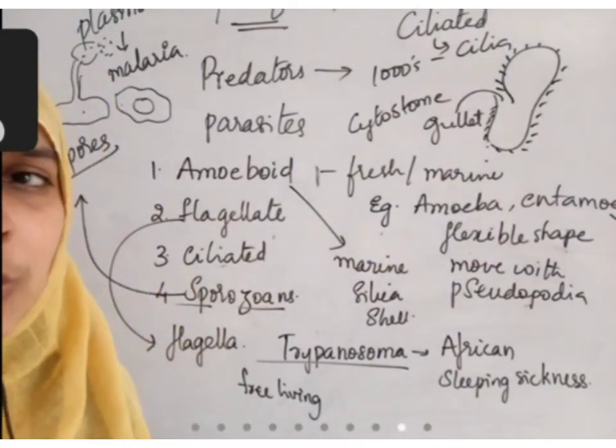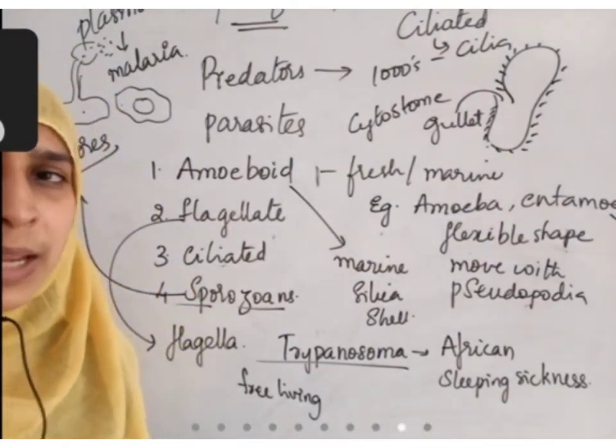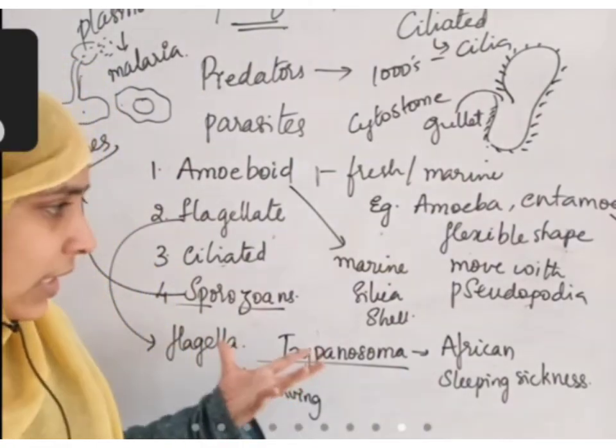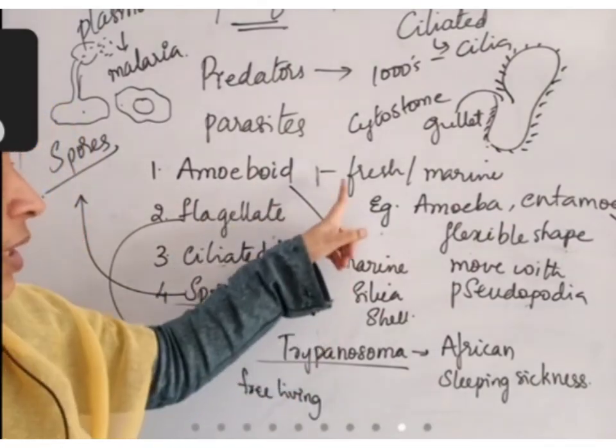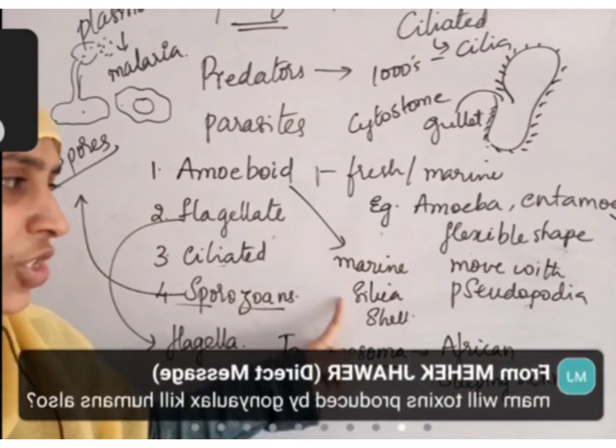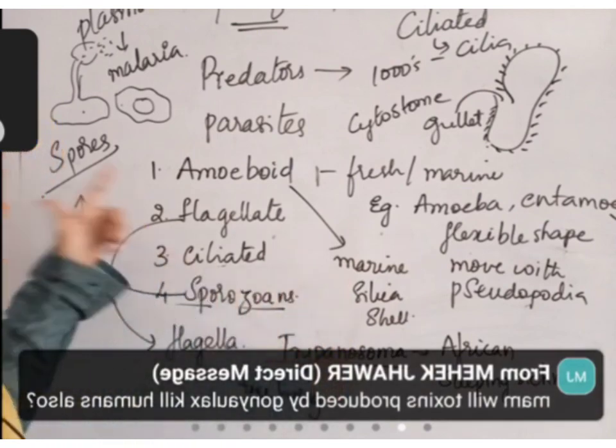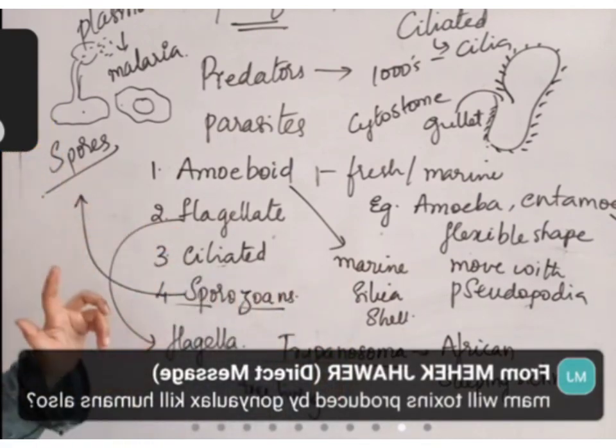Okay, for children who are saying the board is not clear, I am recording this, you will get that also. Some of the marine amoeboids have a silica shell around them. That is about amoeboids.